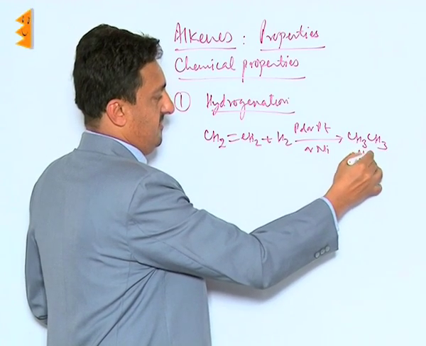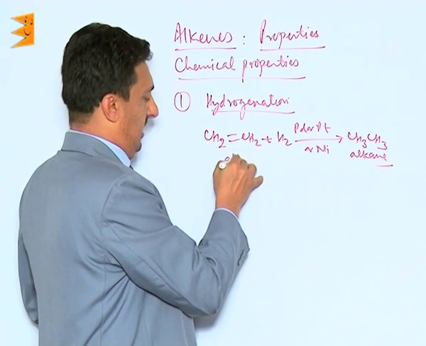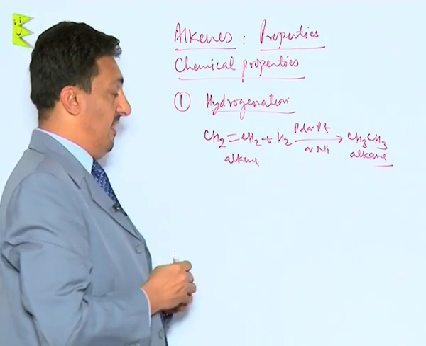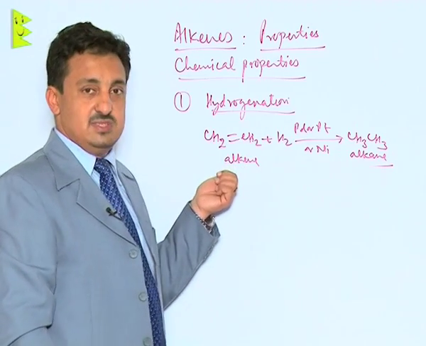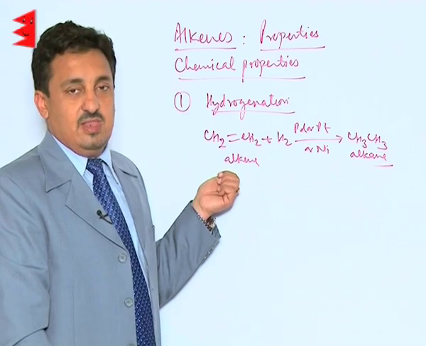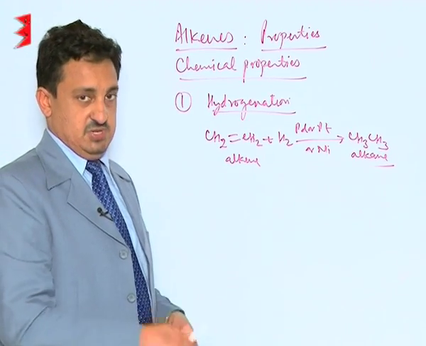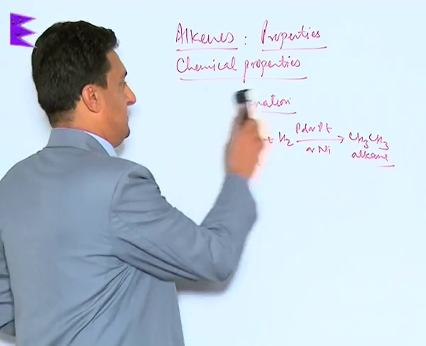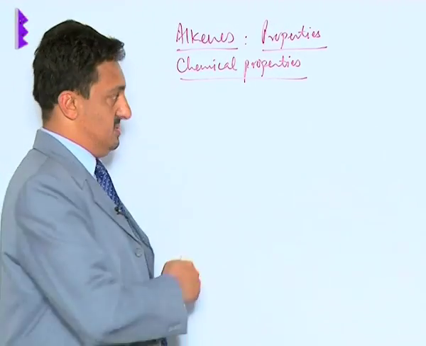So it always gives us an alkane on hydrogenation. And this process of adding hydrogen to any unsaturated compound, alkene or alkyne, is called hydrogenation. The second reaction is the addition of halogens.